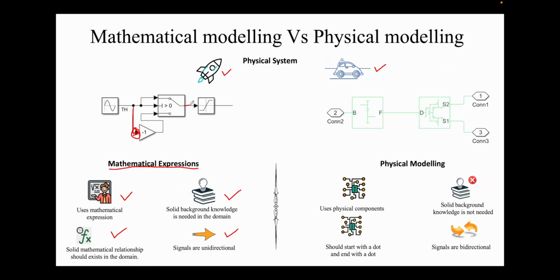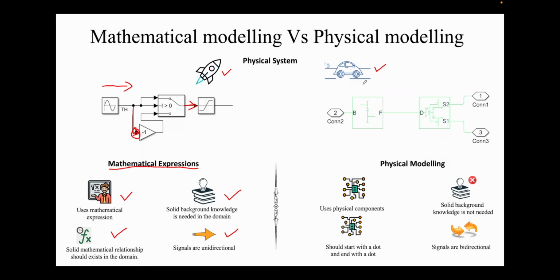If you see this signal here, you will see a directional arrow representing how the signal flow is happening. Usually in Simulink, it flows from left to right. You will be able to see these arrows, and this type of mathematical modeling mostly uses Simulink models.